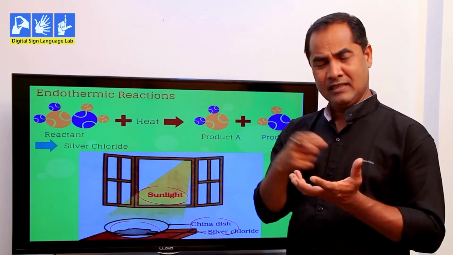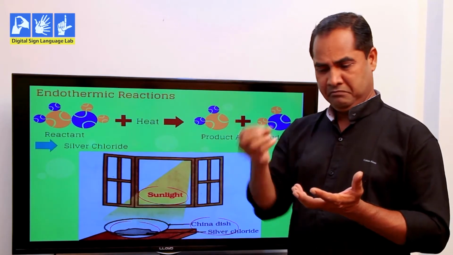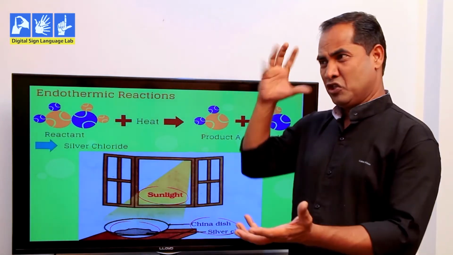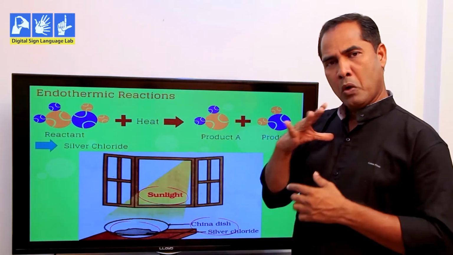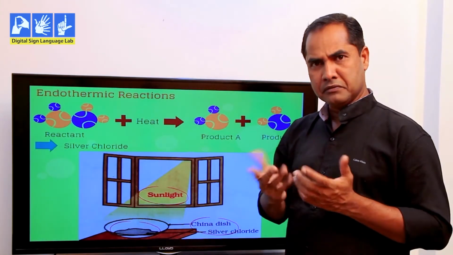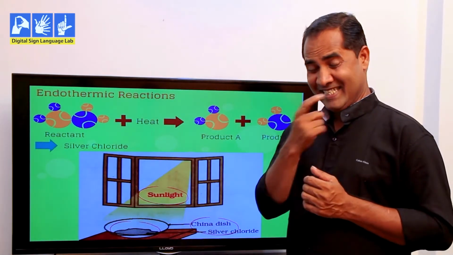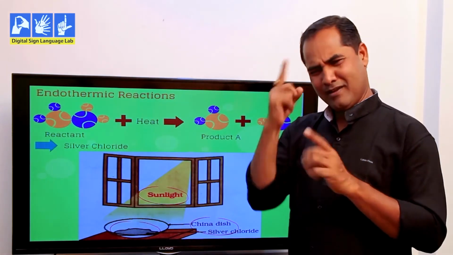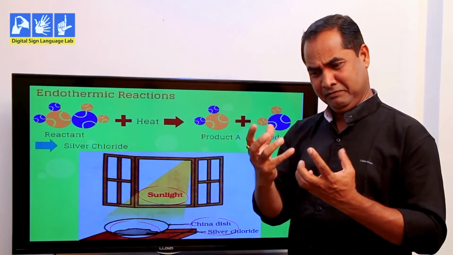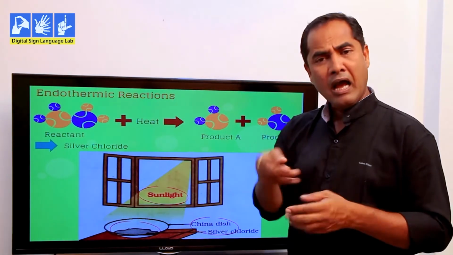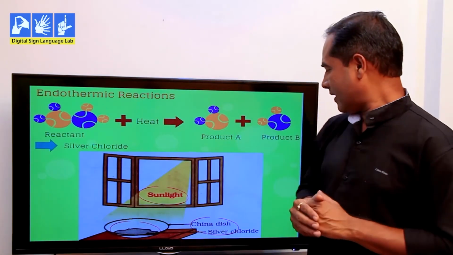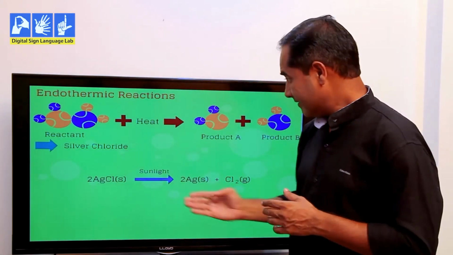So we take the china dish and we put some silver chloride on it and we put it out in the sun for some time. We'll observe a chemical reaction. The color would change. The chemical equation is this.